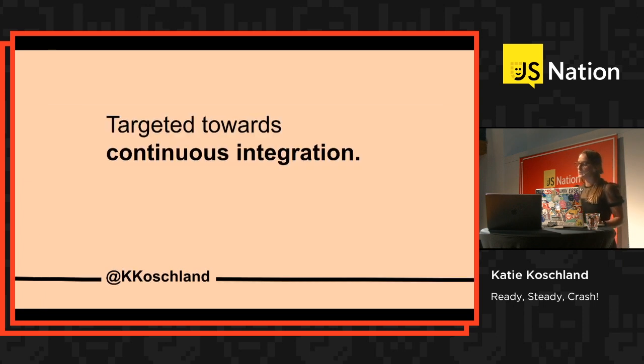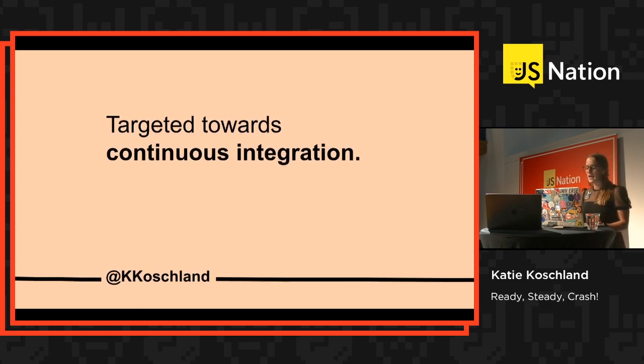And it's also targeted towards continuous integration. Unfortunately, I didn't have a chance to implement this, but this is something that's particularly interesting and I'd like to implement in the future. If performance is a high priority within your application, you can configure your continuous integration, let's say Circle CI, and it can run your script each time you trigger a build.